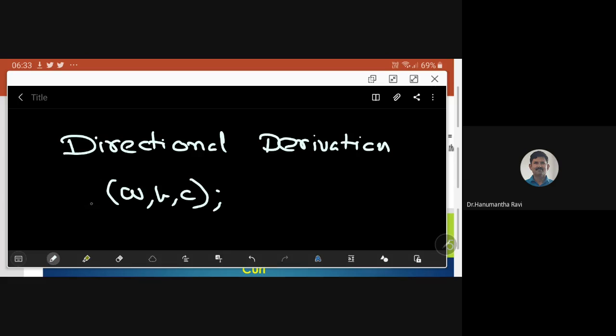You treat this as a point A. Remember, this is a point. Then a vector will be given.